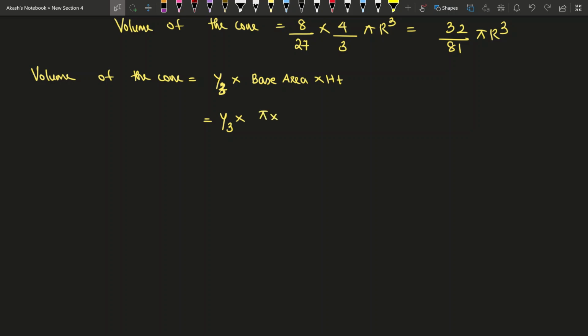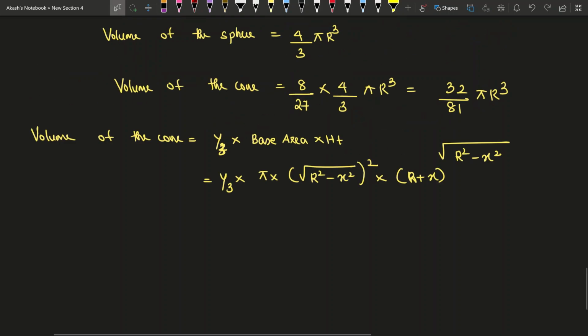The base radius is the square root of r square minus x square, so when you take the square, it is pi times the square root of r square minus x square, whole squared, into height. The height is not h, it is r plus x.